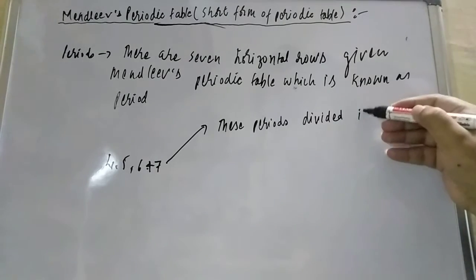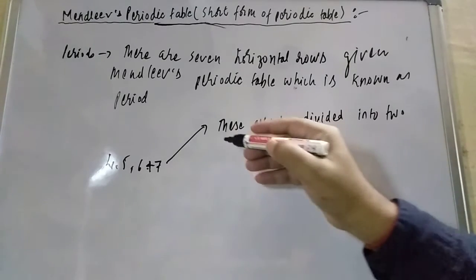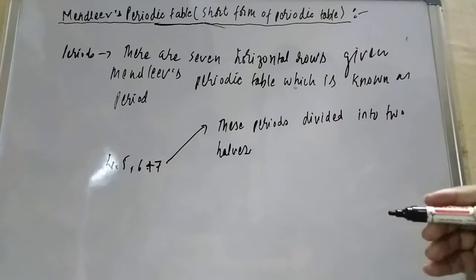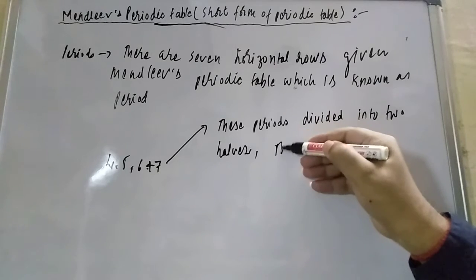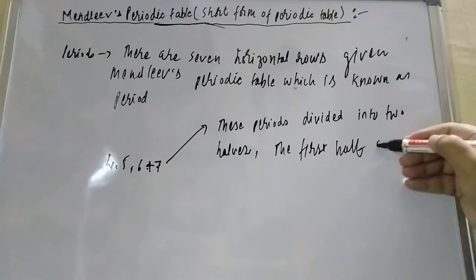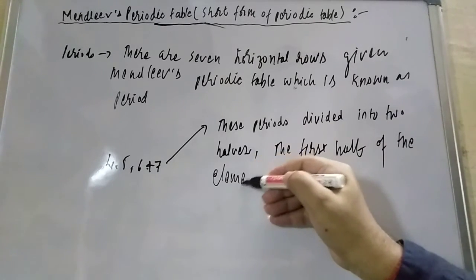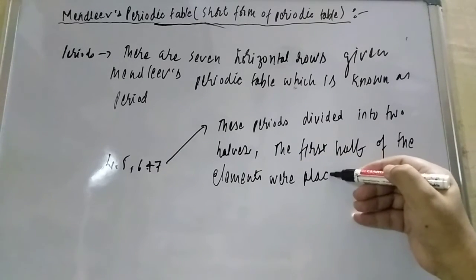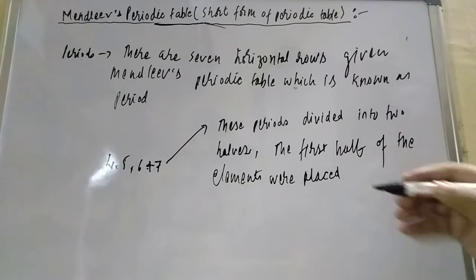Divided into 2 halves. And the first half of the elements were placed where? In the upper left corner.